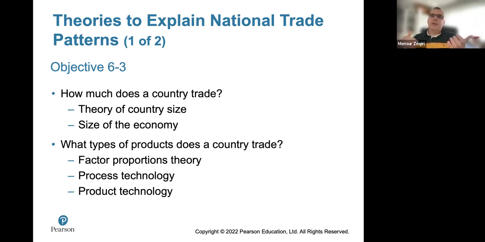This theory, the size of the economy, shows that countries' economic size helps explain absolute differences in the amount of trade. And the world's largest four economies, if you look at the statistics, are the top four exporting countries. They are the countries that export the most.